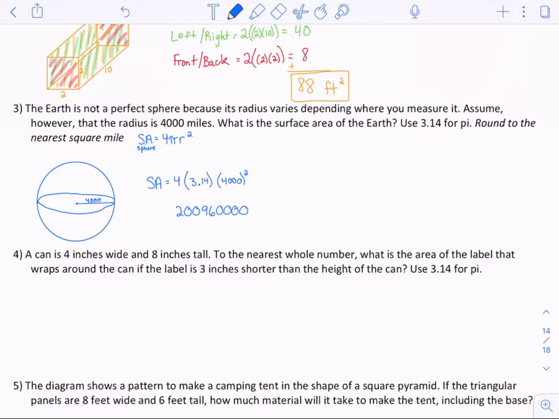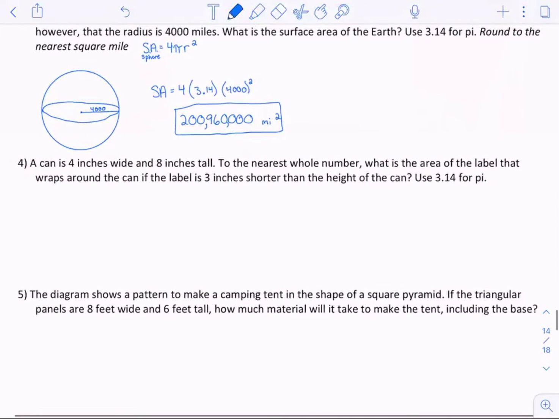Oh boy. So let's go from the back and count 3 for each comma. And I know if I have 2 commas, I have to start with the word million. So we have 200,960,000 square miles of surface area on the Earth. Very cool.